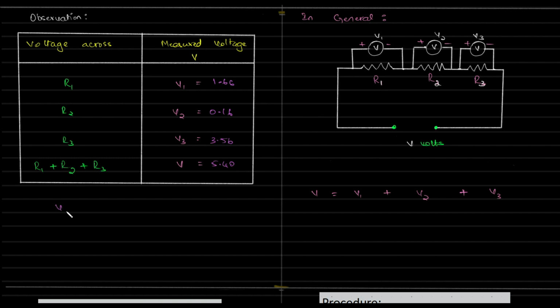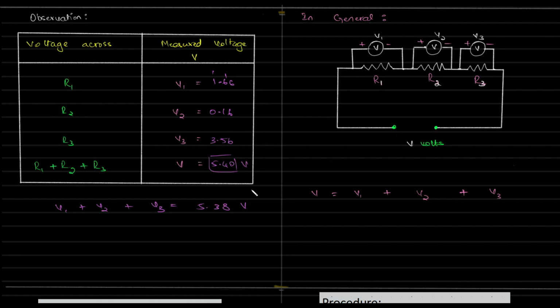So what is the sum of V1 plus V2 plus V3? The sum is 5.38 volt. And across the entire thing is what? 5.40 volt.